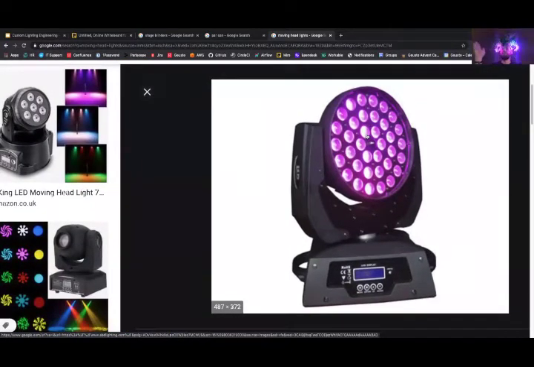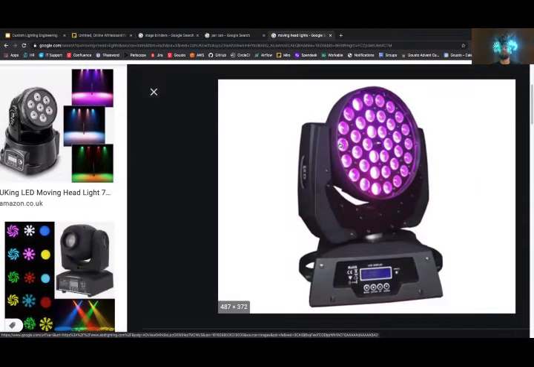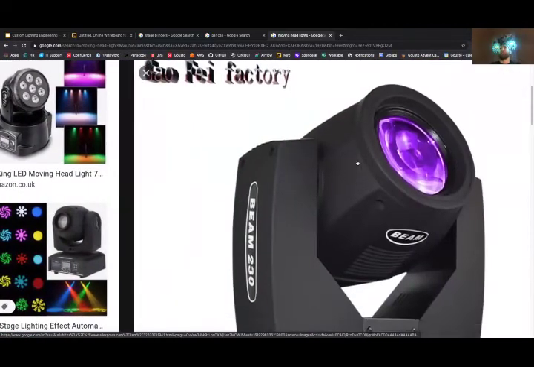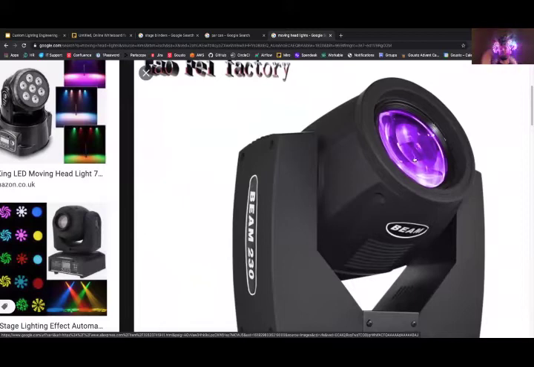So you can sweep the light across a stage, across the audience, point it in different directions. Some of them have very powerful lenses on the front, so you can make that beam really focused and nice and tight.